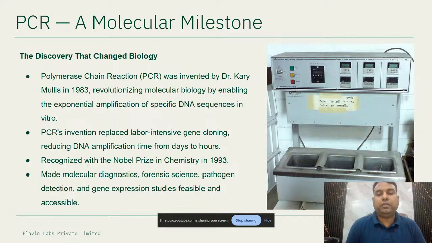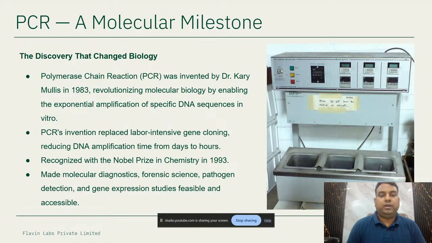whenever you wanted to clone your DNA, you had to go through the labor-intensive process of gene cloning, and it took a lot of days. But with the invention of the PCR machine, these days turned into hours. For this seminal discovery, Dr. Kary Mullis was awarded the Nobel Prize in Chemistry in 1993.